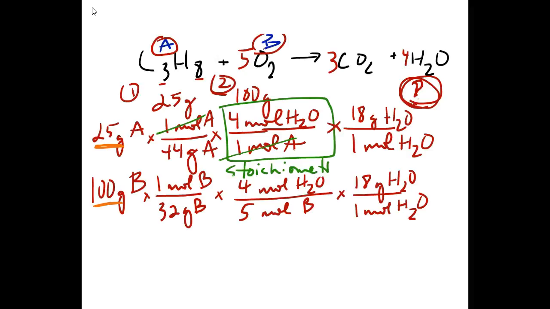If you look at this, in the propane problem, you're only dividing by 1 mole of propane. That's what its coefficient is. In the oxygen problem, you're going to be dividing by 5. So that's going to affect what's going on. As a matter of fact, 25 divided by 1 is 25, and 100 divided by 5 is 20. So all of a sudden, this calculation down here is lower.